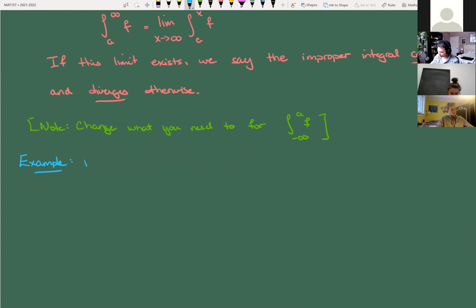So determine if the integral from 1 to infinity of 1 over, let's say, x to the 5, converges, and if so, find its value. Right, and by value there, I mean improper integral. And of course, those are doing the same thing, right? If you find that this exists and you find its value, you've proven it exists.